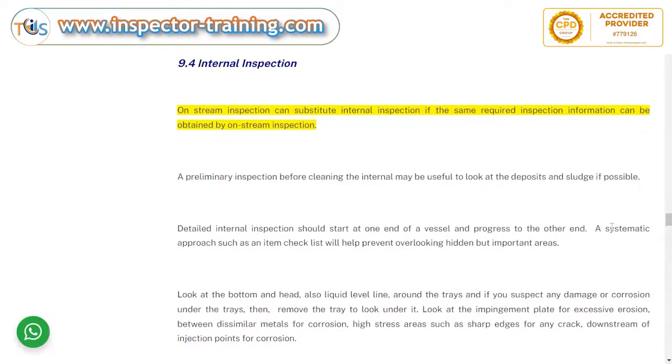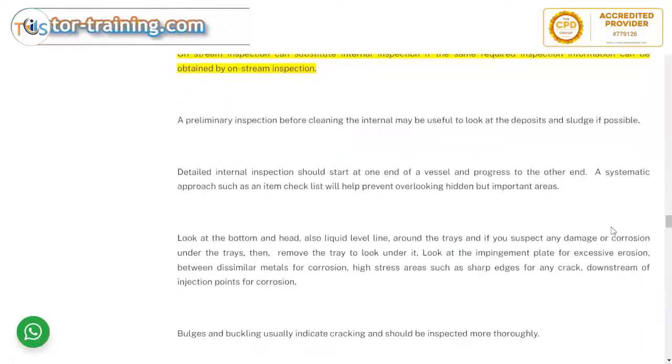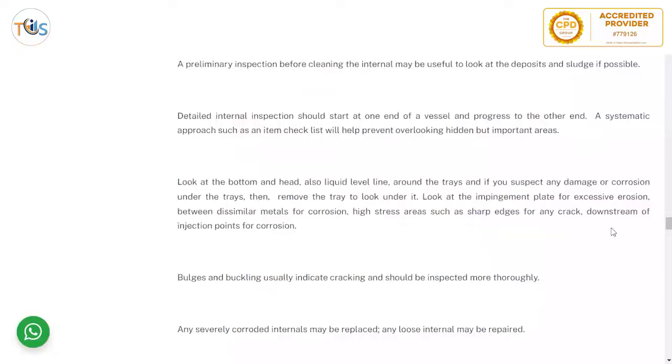So then you can do on-stream inspection. A preliminary inspection before cleaning the internals may be useful to look at the deposits and the sludge if possible. So before you clean it, you want to see the evidence for sludge or deposits.